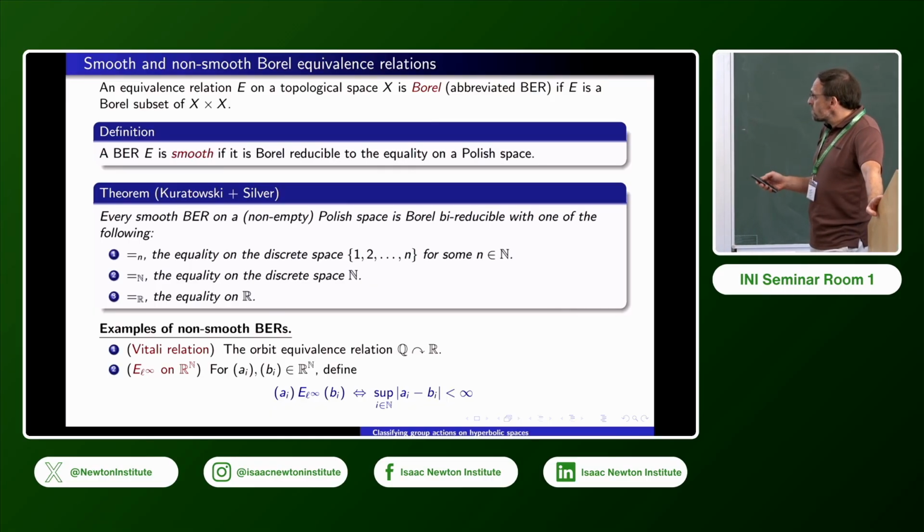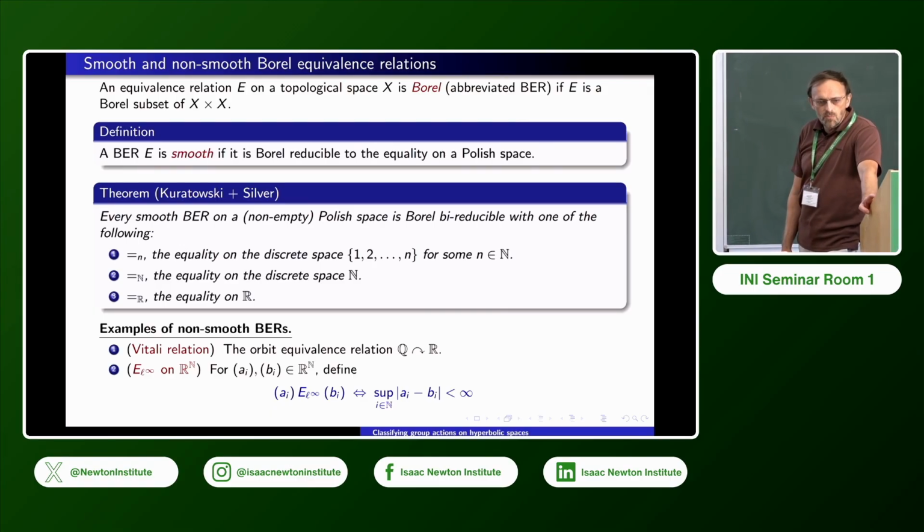And there is another non-smooth equivalence relation, which is a little bit more difficult to define, but it will play an important role in my talk, so I'll define it here. That's E_L-infinity, and this is essentially the equivalence relation induced by the action of L-infinity on R to the power n, the set of all sequences of real numbers.